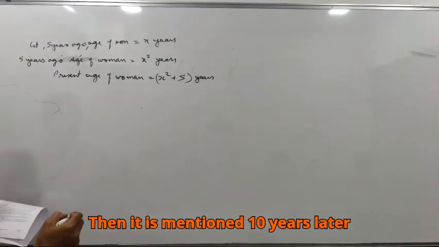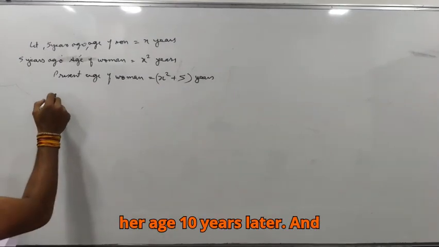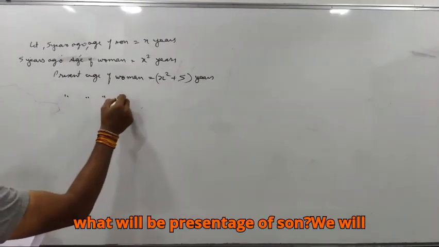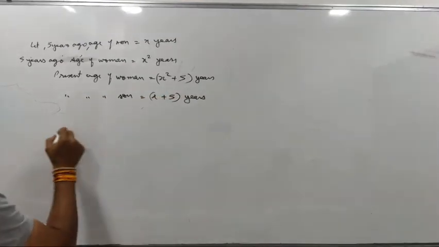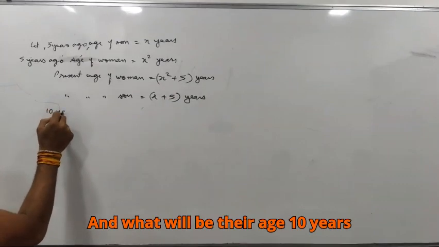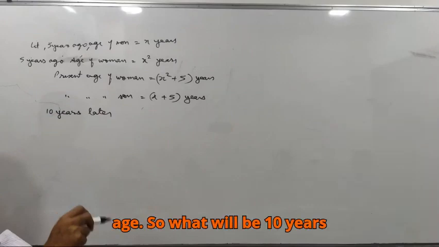Then it is mentioned 10 years later her age. We will also write down the present age of the son. And what will be their age 10 years later? Later means from the present age.